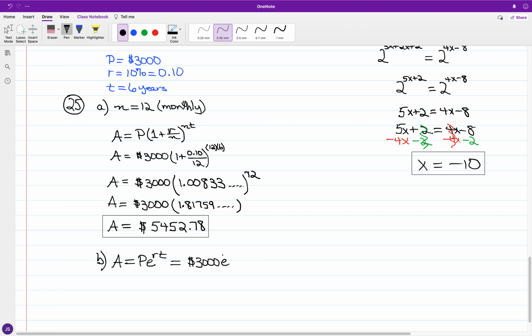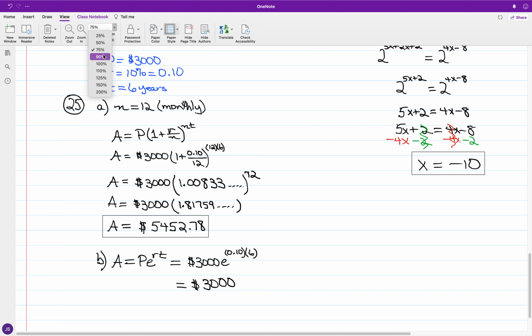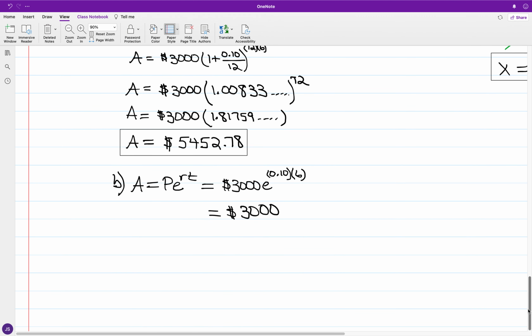For e to the r times t, r is again 0.1, and t is again 6. So we have 3,000 times e to the 0.6, again, e is that natural logarithmic base number, that 2.718 figure.